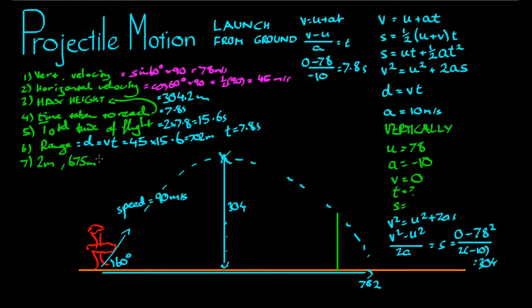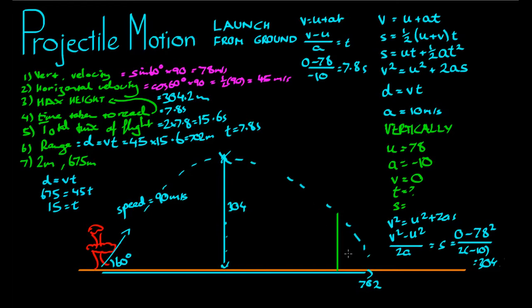We want to find the time it takes for the projectile to cover 675 meters that way. And that's easy because the horizontal position of the object is given by 45 times time. So 675 is equal to 45t. 675 divided by 45 comes to 15.